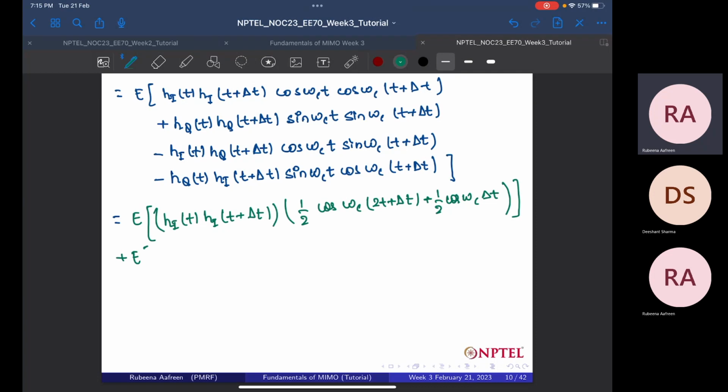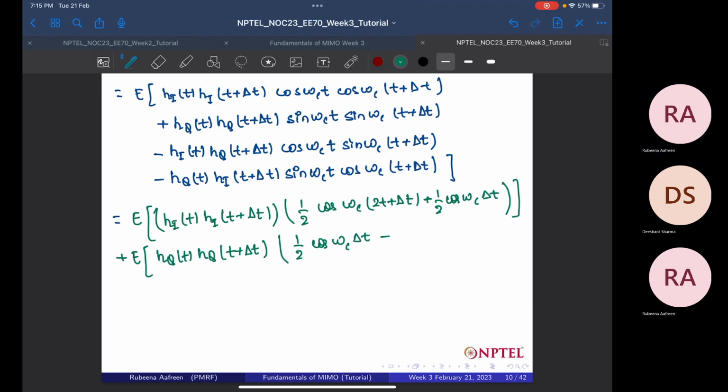Okay, then next term would be hQ(t) hQ(t plus delta t) half of cos omega c delta t minus half cos of omega c (2t plus delta t).